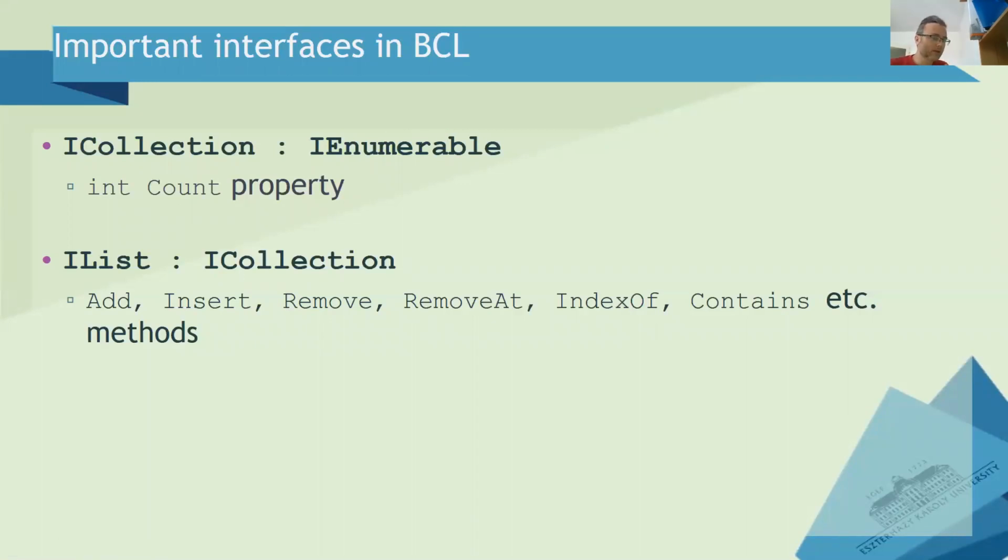If you want to make your container class even more advanced, you can implement the IList interface, which is built upon the ICollection interface. And the IList interface introduces those well-known methods, the Add method, the Insert method, the Contains method. I guess most of you know all those methods from the List class. So this interface is even more advanced than the ICollection interface.